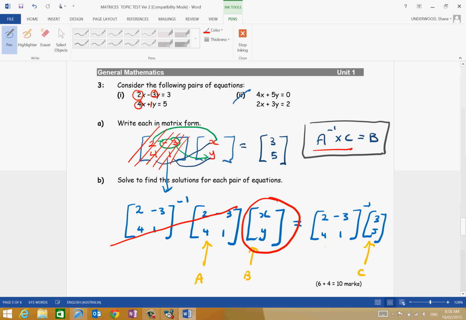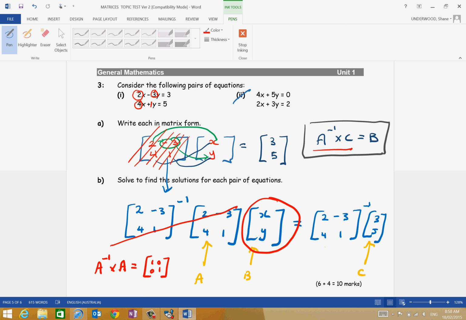Why? Because the inverse matrix times a matrix gives you the identity matrix. In this case, it's going to be 1, 1 because it's a 2 by 2 square matrix, and we did look over that. That's essentially like multiplying it through by 1, cancelling it out.